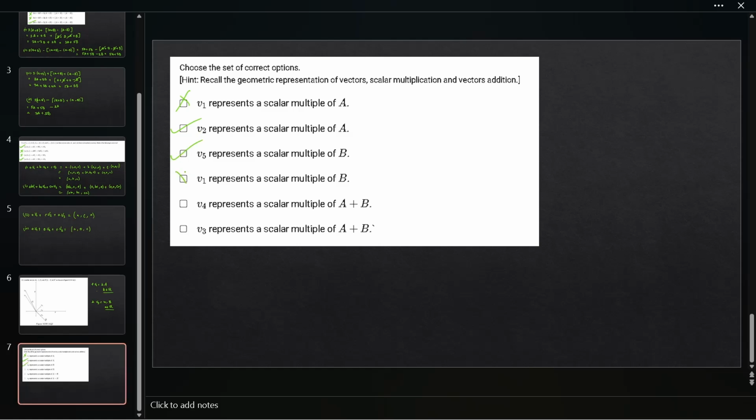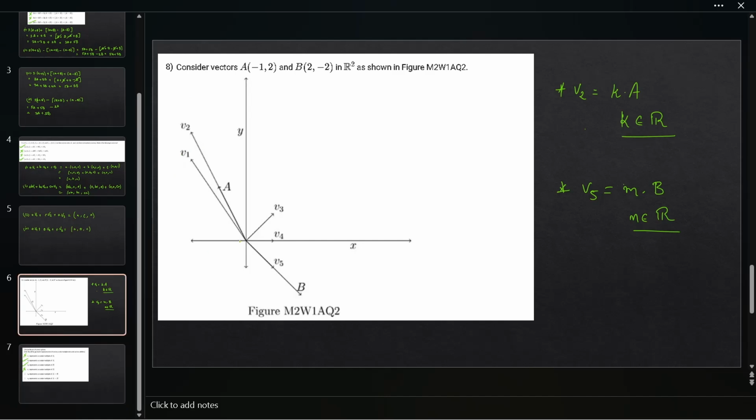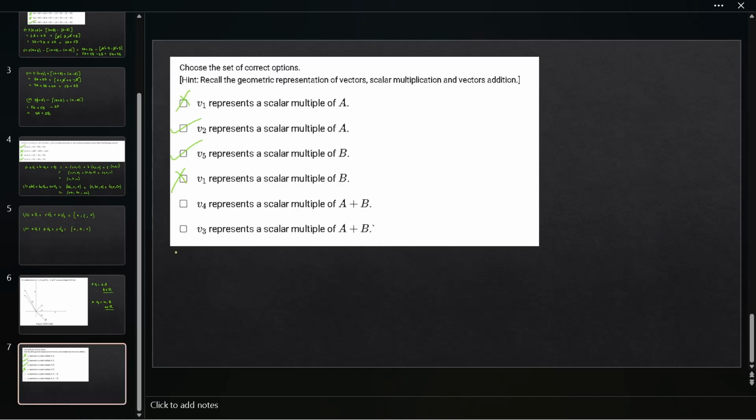Now this option is incorrect as well because V1 is not in the line of B. Now coming to option number 5. Here we are given that V4 represents a scalar multiple of A plus B. See, first of all, what A plus B is.